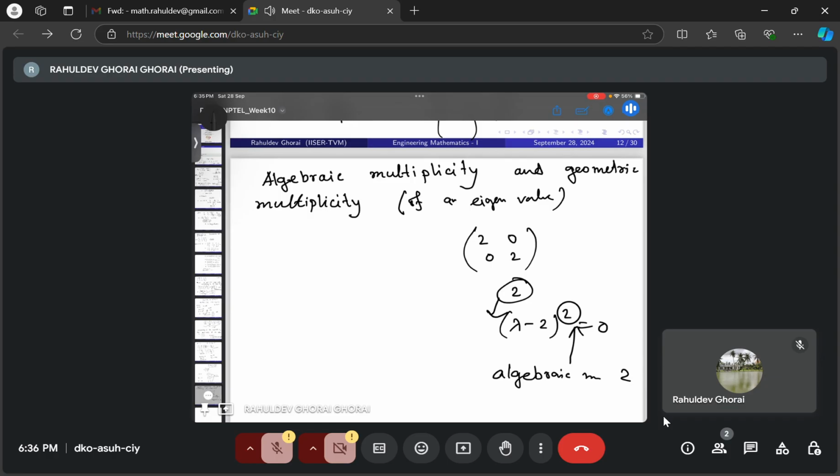This 2 appears twice as a root of the characteristic polynomial. So the algebraic multiplicity will be 2.